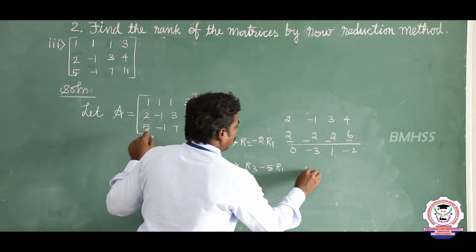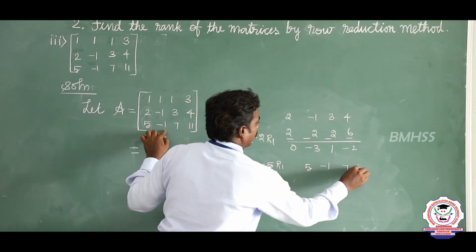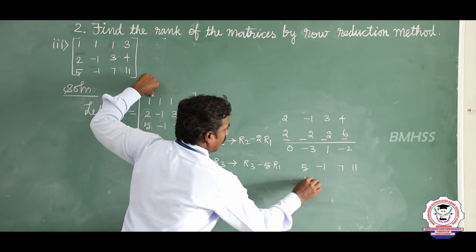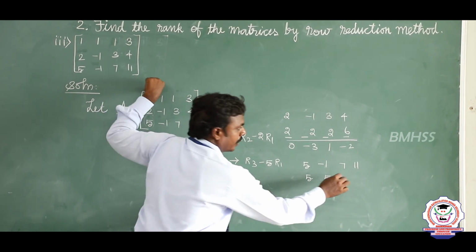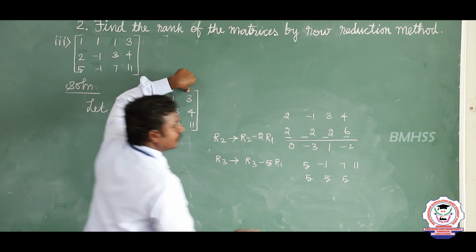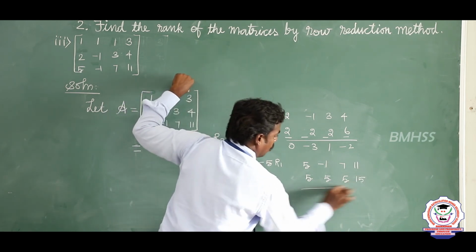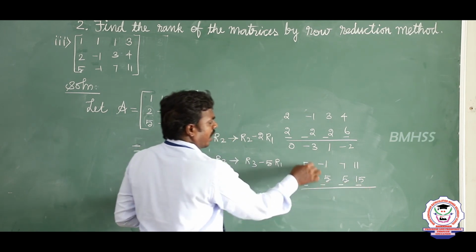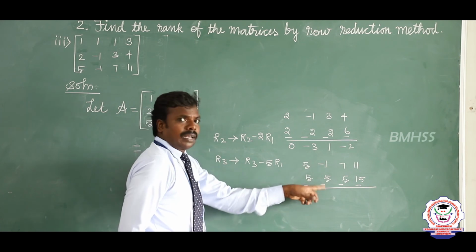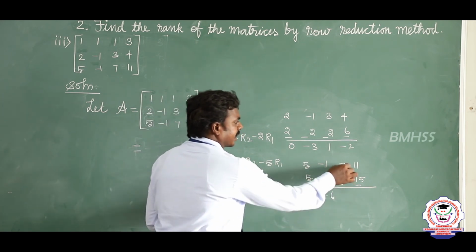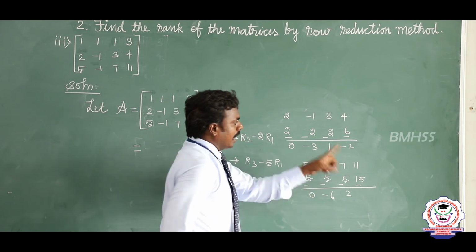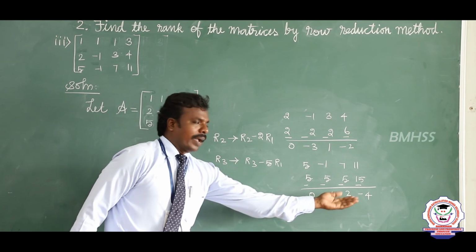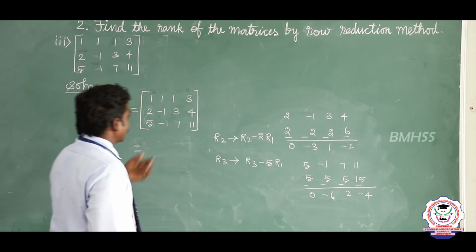The first row multiplied by 5 gives 5, 5, 5, and 15. Now subtract these values. 5 minus 5 is 0, minus 1 minus 5 is minus 6, 7 minus 5 is plus 2, and 11 minus 15 is minus 4. So 0, minus 6, 2, minus 4 are the changes in R3, the third row.